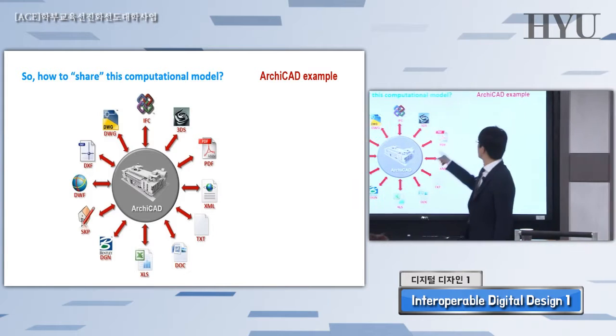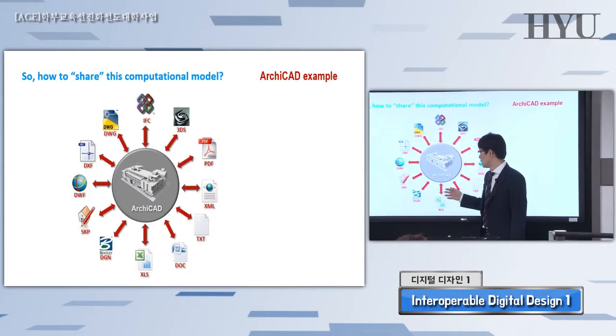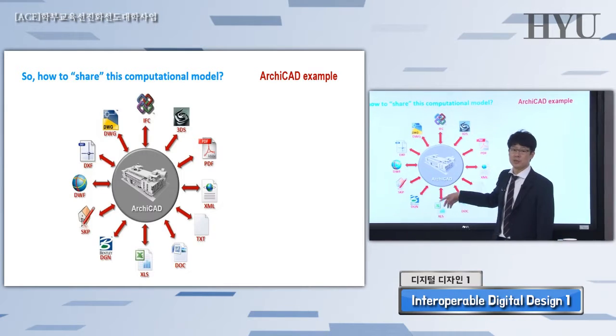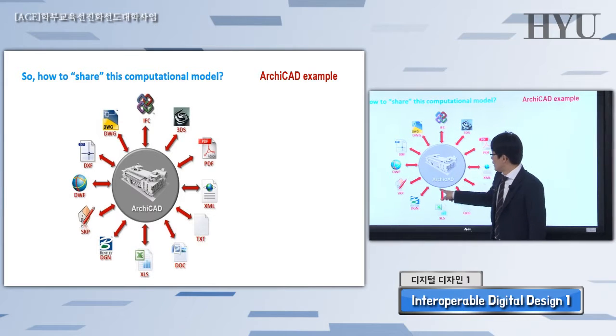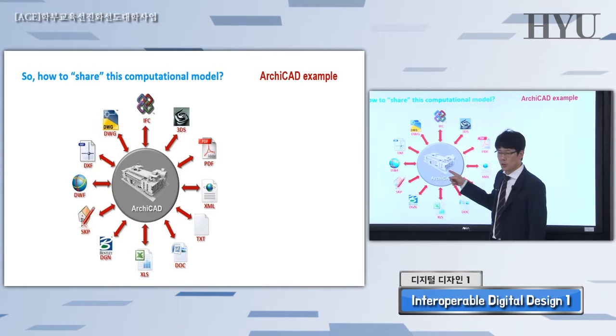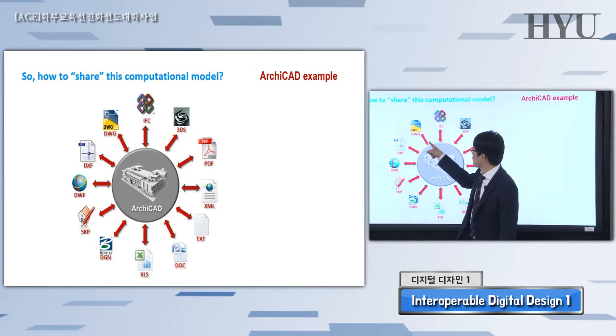Okay, this is an ArchiCAD example. Actually, we didn't use ArchiCAD, but it's similar to Revit or some other BIM authoring tool. In this ArchiCAD BIM application, or even if this is SketchUp or 3D Max, it doesn't matter. We can import and export a lot of files.